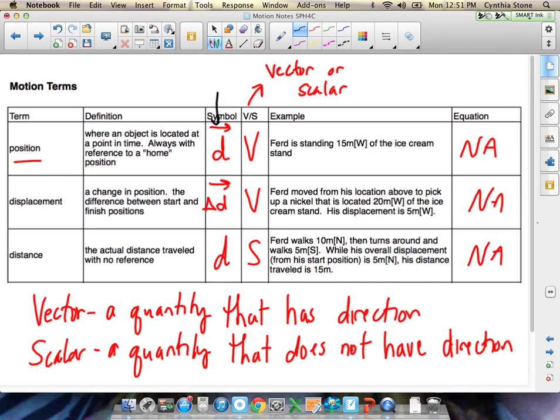If something is what we call a vector quantity, then it has an arrow over top of the symbol. The other way is here. When you refer to a vector, you say 20 meters west. Later on, we'll talk about positives and negatives. It would be plus 20 meters or minus 20 meters. But we're talking about distance in this case. That's a scalar. It's just 15 meters, period. It's not 15 meters east. It's just 15 meters. And that's what distance, or a scalar, is compared to a vector.